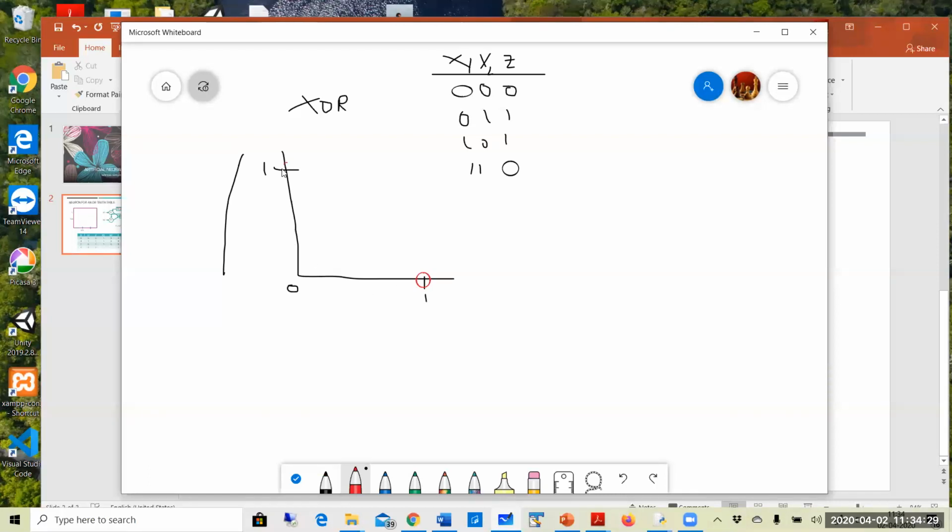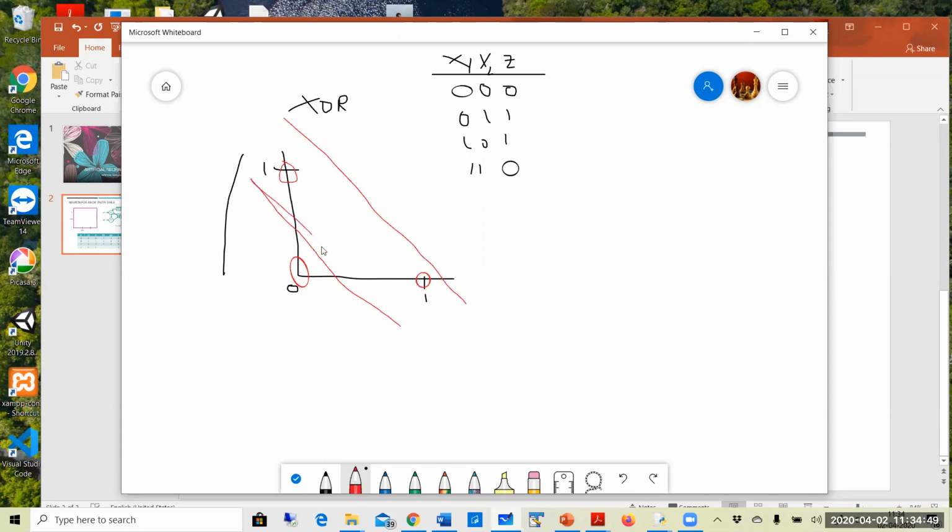If it is 1 and 0, this is your answer. For 1 and 1, it is not here; it is on this side. That means your answer is somewhere in between these two.